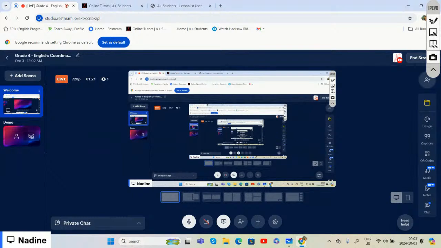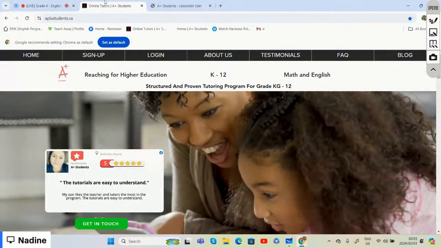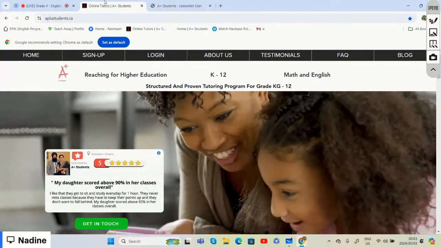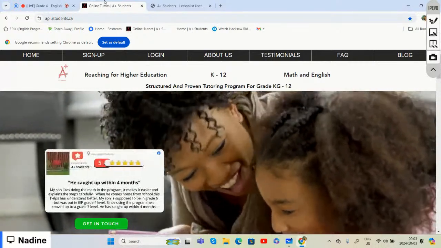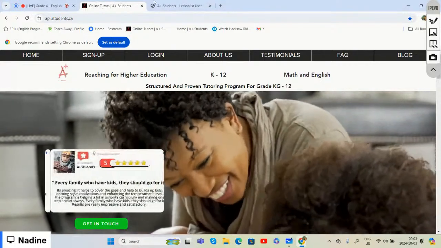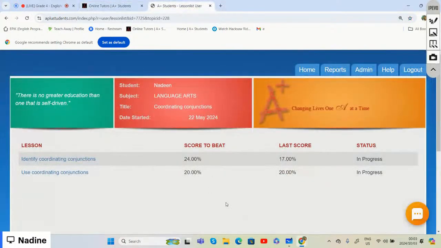all right. So we said that we are doing coordinating conjunctions. So we're going to aplusstudents.ca and we're going to select the chapter of coordinating conjunction. We're going to do grade 4. And then we're going to scroll down until we get to our chapter over here of coordinating conjunction.